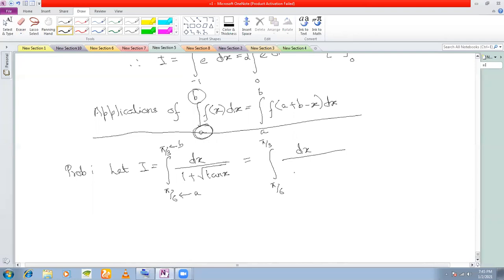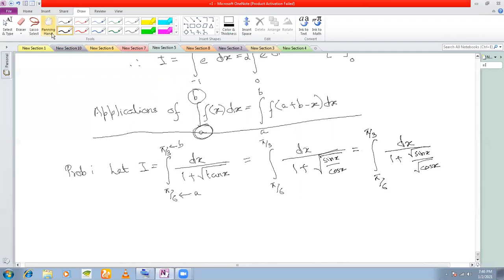So dx by 1 plus, convert this to root sine x by cos x, right? So this is integral pi by 6 to pi by 3 dx by 1 plus root sine x by root cos x, right?